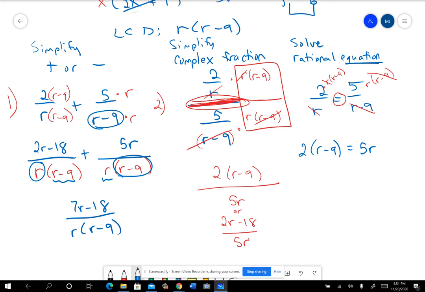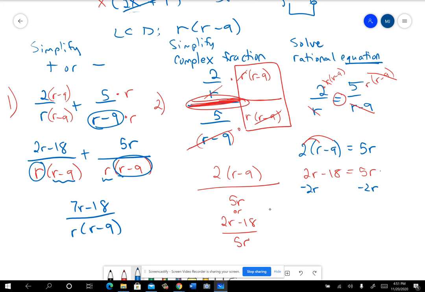So I was able to clear the fractions, and now I'm just going to come in here and distribute and think about what it is I'm trying to do. This does not have a squared. This is not a quadratic equation. It's linear. So that means I'm just trying to get my variables to one side, my numbers to the other. It'll seem a little strange, but the best thing to do next would be to subtract 2R.